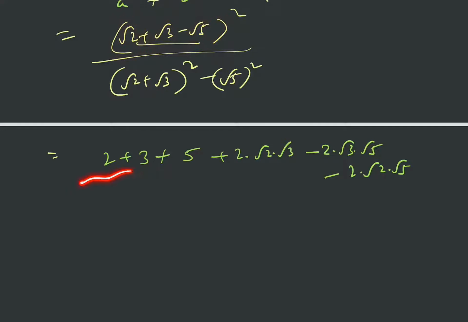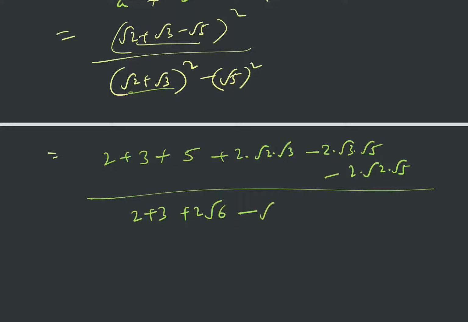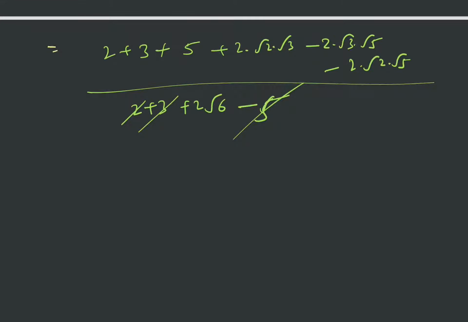A square plus b square plus c square, you will get 2 plus 3 plus 5 plus 2 into root 2 into root 3, and 2 into root 3 into minus root 5, so you get minus 2 root 3 root 5, and 2 into root 2 into minus root 5, you get minus 2 into root 2 into root 5, right? And this divided by, this is a plus b whole square, so this is 2 plus 3 plus 2 root 6, and minus root 5 whole square is 5, so this 5 gets cancelled, right?